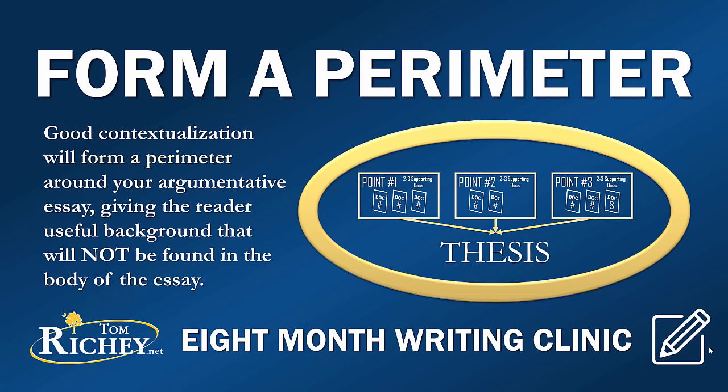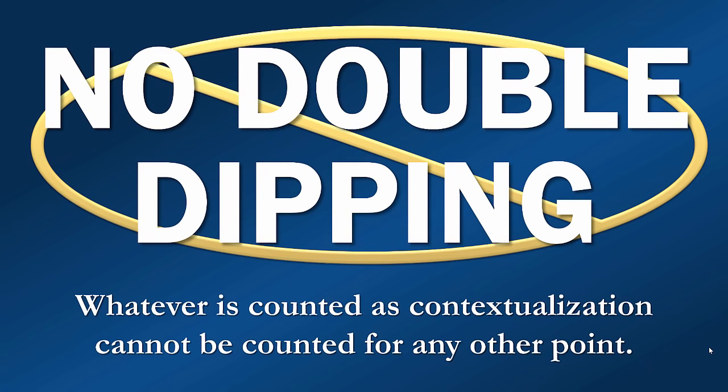So remember here, I've got this yellow line that is showing, okay, this is what is eligible for context, but you can't use the stuff that's inside. If you are using things in the essay, that cannot be your context. No double dipping. Whatever is counted as contextualization cannot be counted for any other point. So make sure that this is unique.